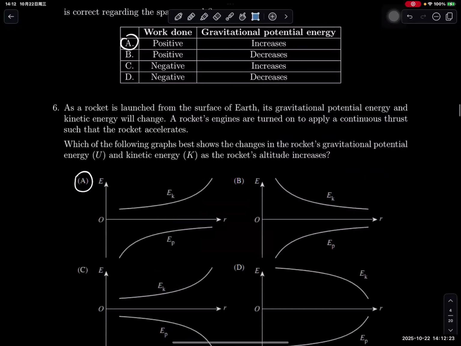All right, question six. A rocket is launched from the surface of Earth. Its gravitational potential energy and kinetic energy will change as the rocket's engines are turned on to apply a continuous thrust. Which of the following graphs best shows the changing of the rocket's gravitational potential energy and kinetic energy K?